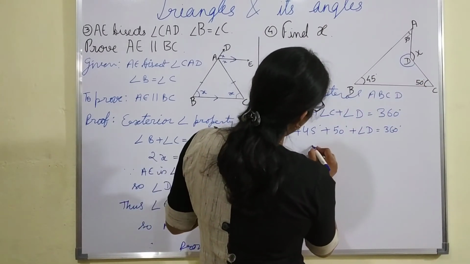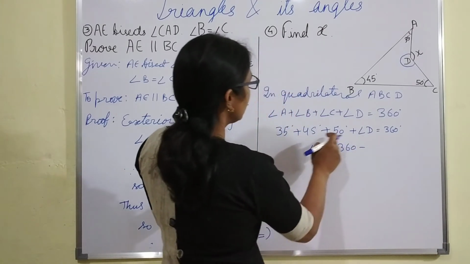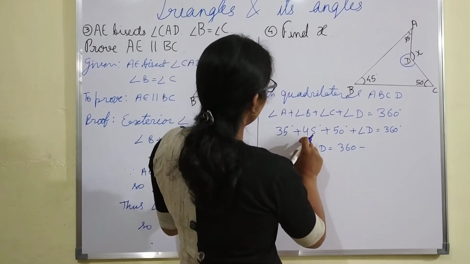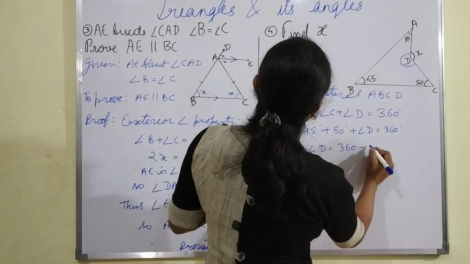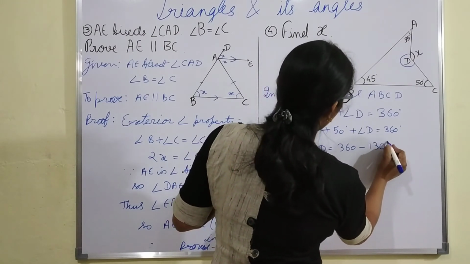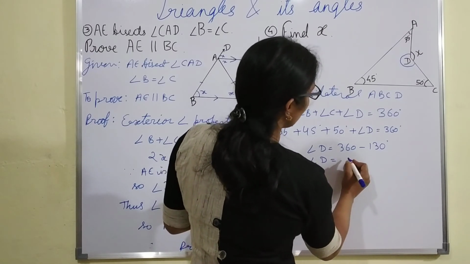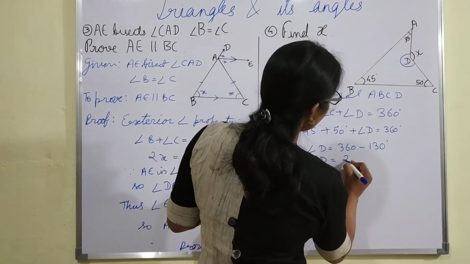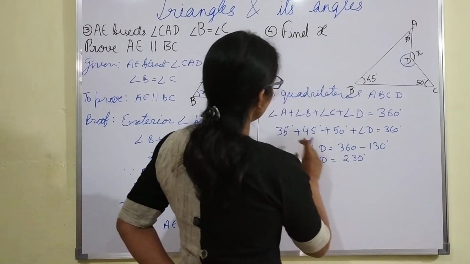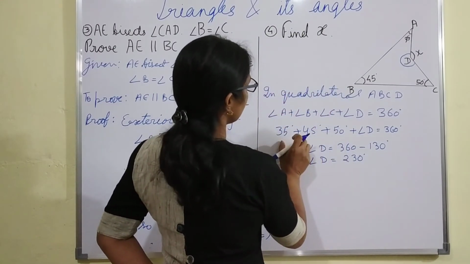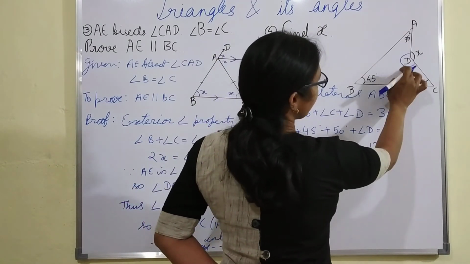So angle D equals 360 minus 130 degree. So angle D equals 230 degree. Okay, so we got this angle.